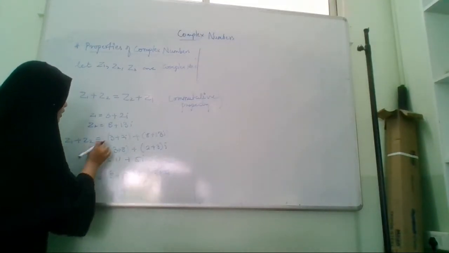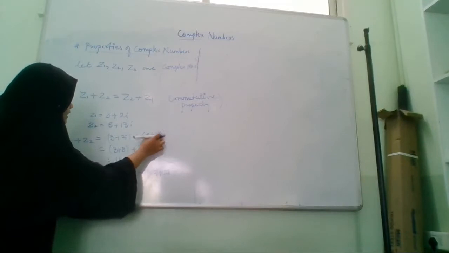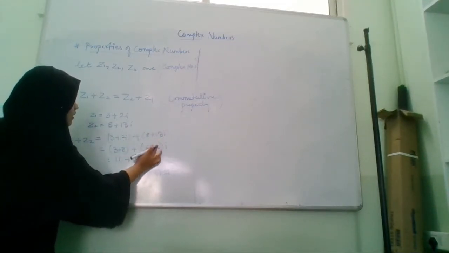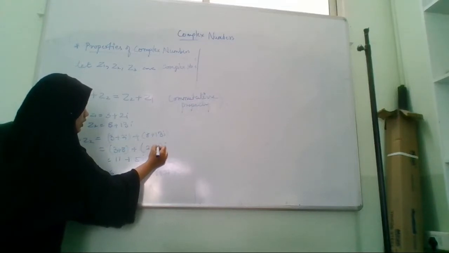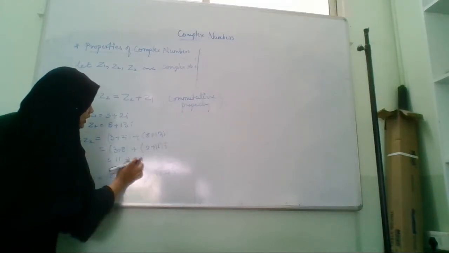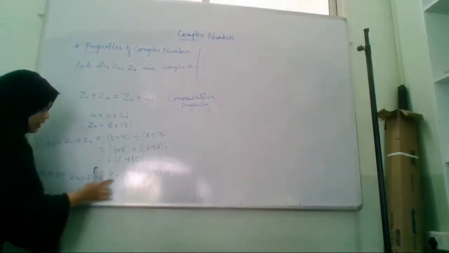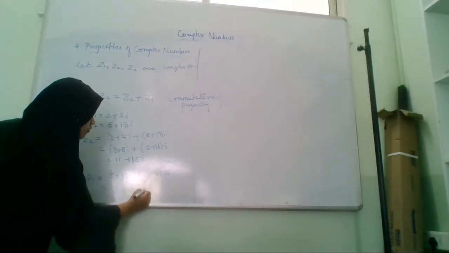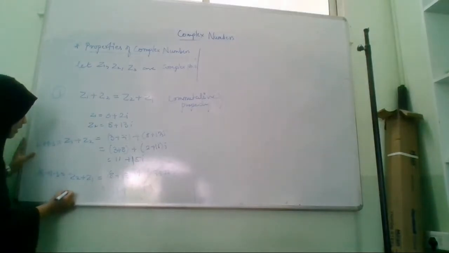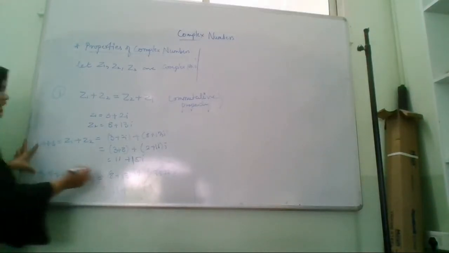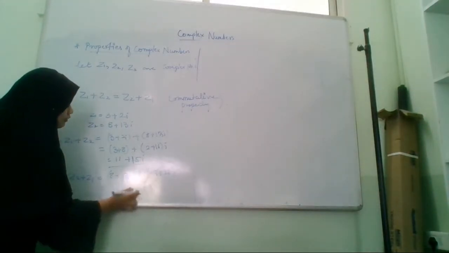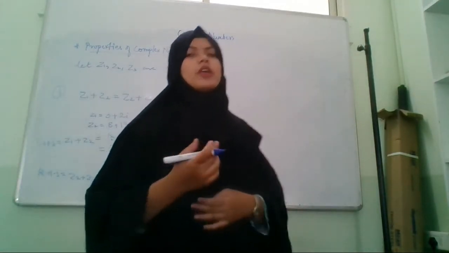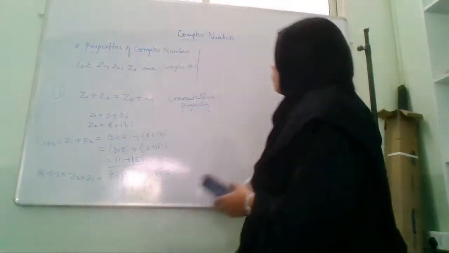So 8 plus 3 and 2 plus 13, not 3. I am so sorry. 2 plus 13, so it will be 15. Now here 8 plus 3 will be 11 and 13 plus 2 will be 15. You can see both LHS and RHS have the same answer, 11 plus 15i. So the commutative property holds in complex numbers.